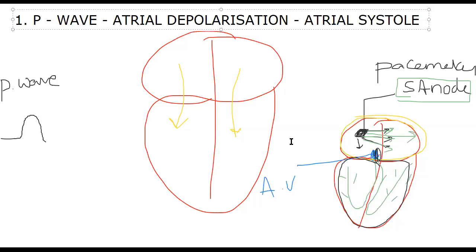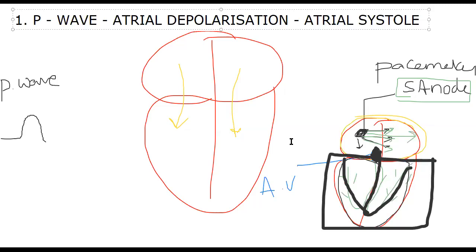Next, the contraction of ventricles, how does it happen? When the electrical impulse passes from the atrioventricular node to the bundle of His to the Purkinje fiber, we record the QRS complex.